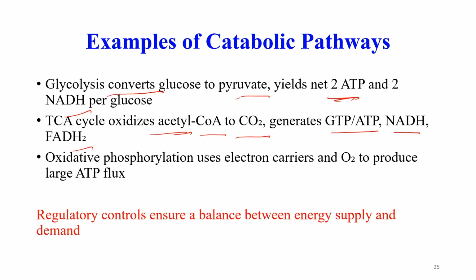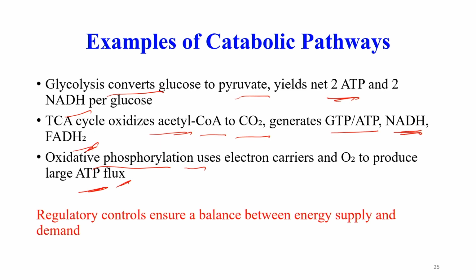Further, if it goes through oxidative phosphorylation, then NADH and FADH2 are converted to ATP, and it gives a large ATP flux.